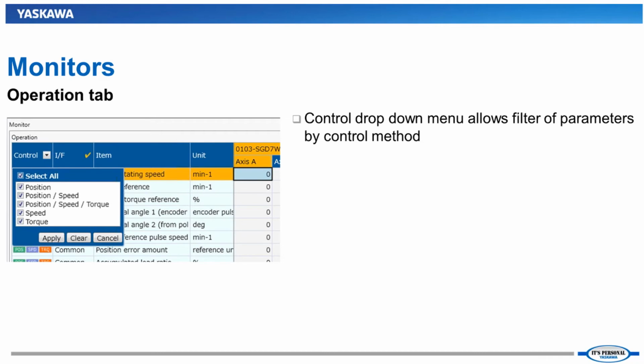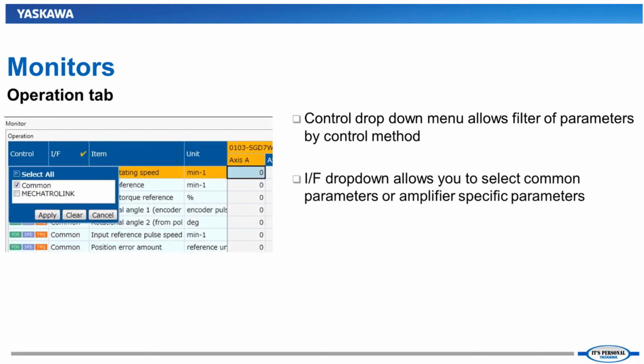Just to note, there are a few filters for these monitor sections. So for the operation tab, you have your control selection, so what parameters that apply to certain control modes, position, speed, torque, and any combination of such. You've got your IF dropdown, which allows you to select between common parameters or network-specific parameters, in this instance, Mechatrolink.